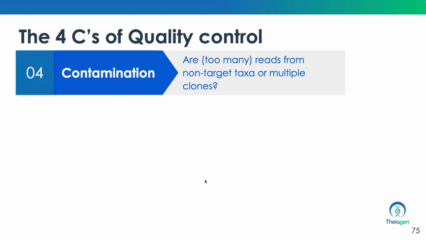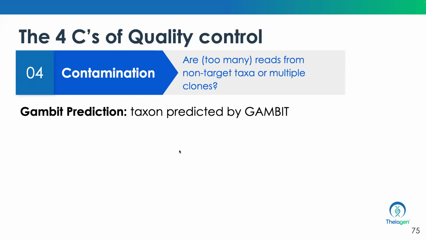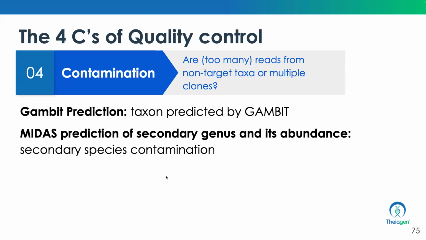And the last C here is contamination. So are there too many reads from non-target taxa? So we say that GAMBIT will give you the predicted taxon. So again, this should be as high as possible. So we look at the highest GAMBIT distance. And the MIDAS, which looks at the secondary genus abundance.